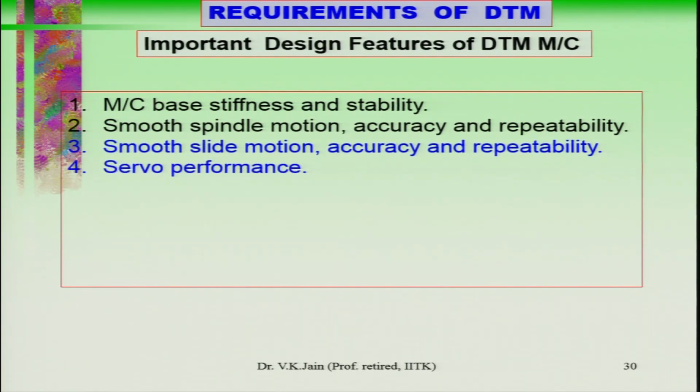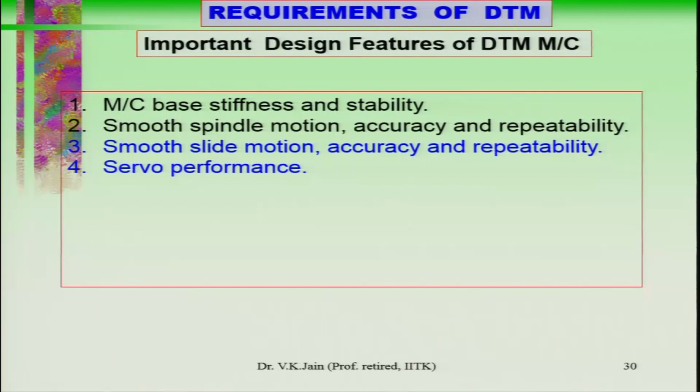Now, you have smooth slide motion, you have X, Y slides or X slides and Z axis movements. So, they should be smooth. If smoothness is not there, then jerk will be there, vibrations will be there, which will affect the accuracy of the machined surface, and it will not give you the repeatable result, that is very important.